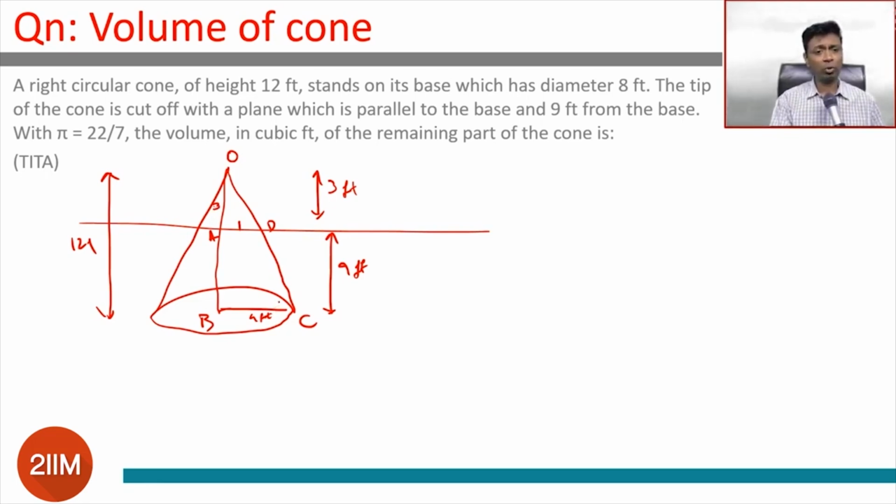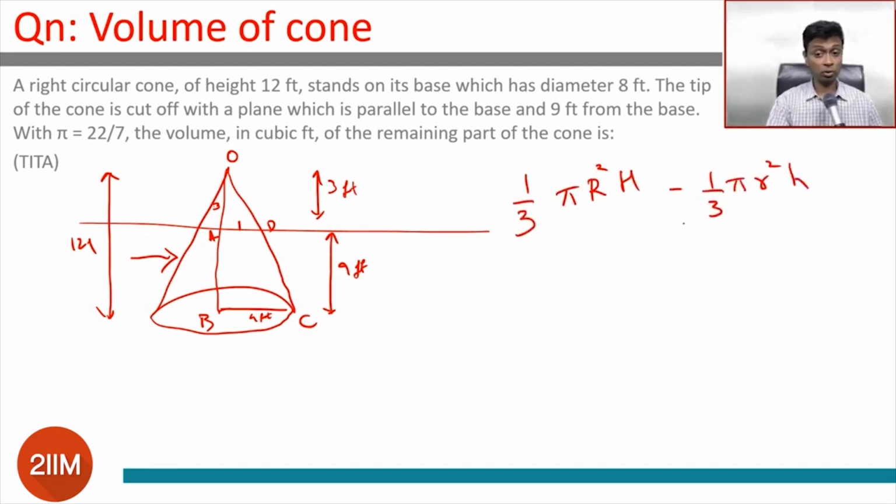With pi equal to 22/7, find the volume in cubic feet of the remaining part of the cone, this is called a frustum. We need to find the volume, which is 1/3 pi r square height, minus 1/3 pi r square height. The big cone minus the small cone.